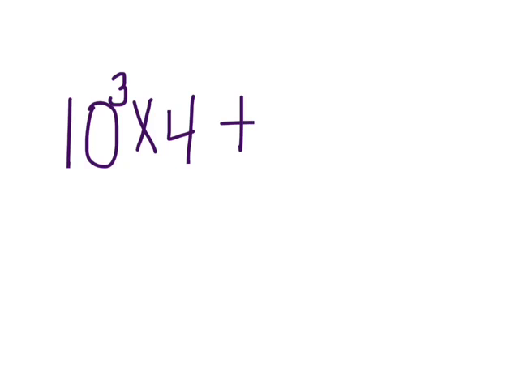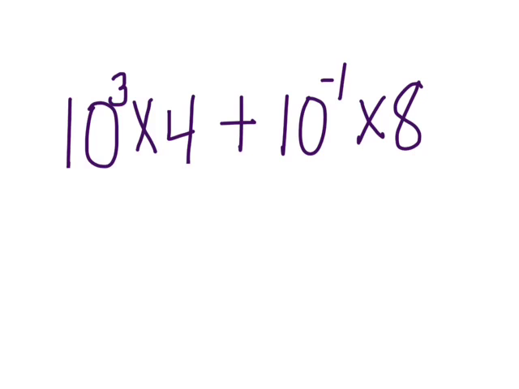Let's try 10 to the third times 4 plus 10 to the negative 1 times 8. Okay, this one right here would be 1 with 3 zeros, so that would be 1,000 times 4.